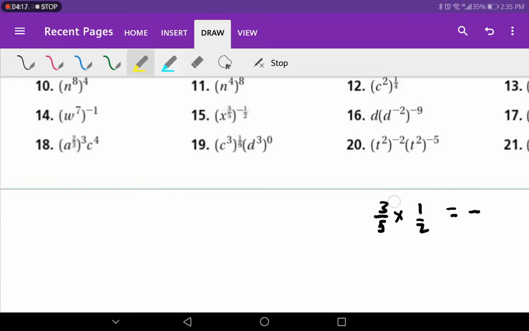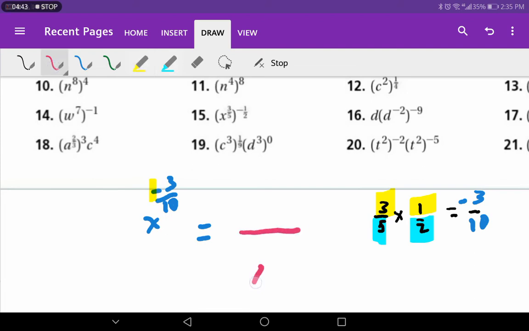Up with up, down with down, as you know, my dear student. So it is 3 over 10, but with negative. So x with power -3 over 10. But he said before that he doesn't like to see the negative sign, so what you have to do directly is push it down. So x with power 3 over 10 over 1.